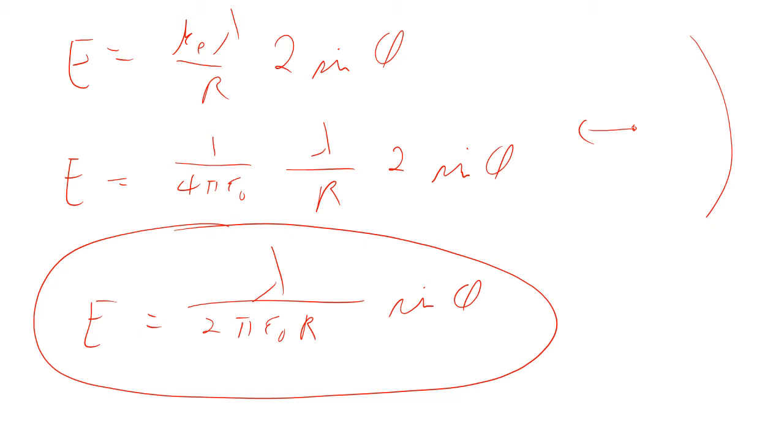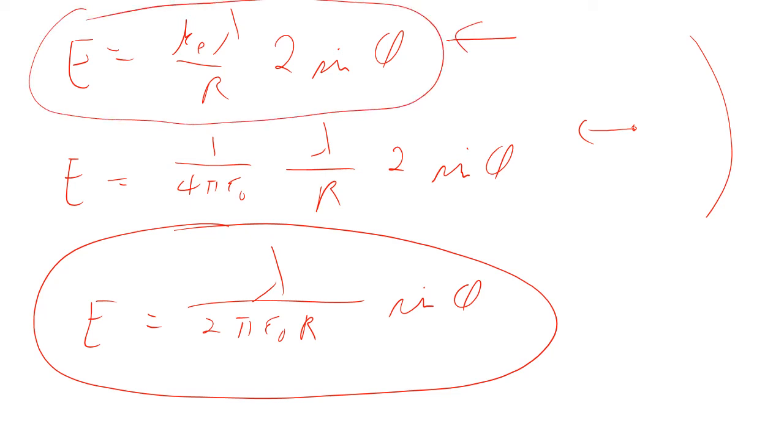So you may leave it in this form up here, or you can write it in this form, which is really how the book does it. Okay, so either way is valid. So this is how you find the electric field of an arc of charge. And again, at that point, at the center of the curvature, it is pointing directly away from the arc, or directly towards the arc if lambda happens to be negative.